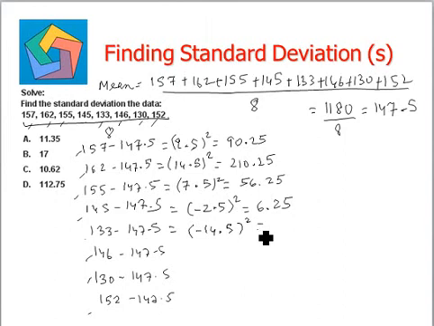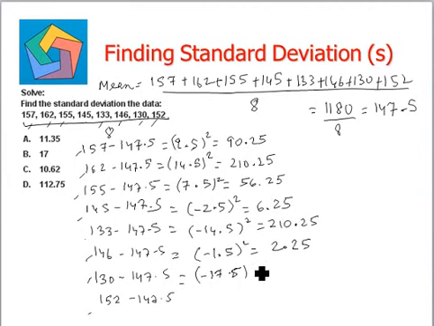Square it up, we get 210.25. 146 minus the mean, that is 147.5, we get negative 1.5. Squaring up, we get 2.25, a positive number. This is negative 17.5 squared, equals 306.25. 152 minus 147.5 equals 4.5. Squaring this leads us to 20.25.